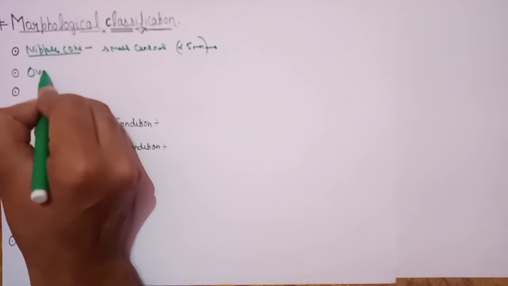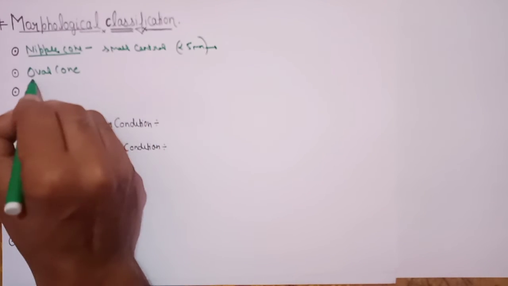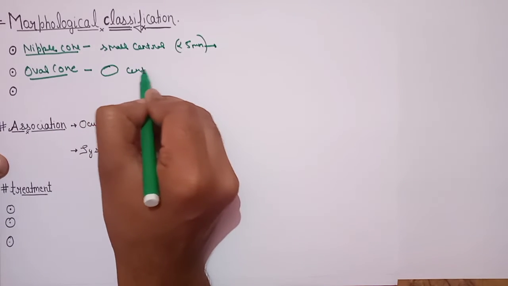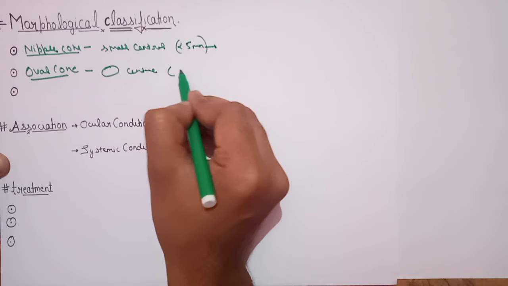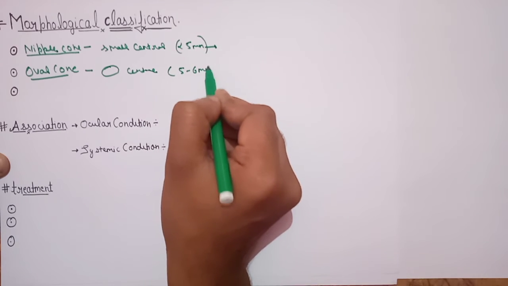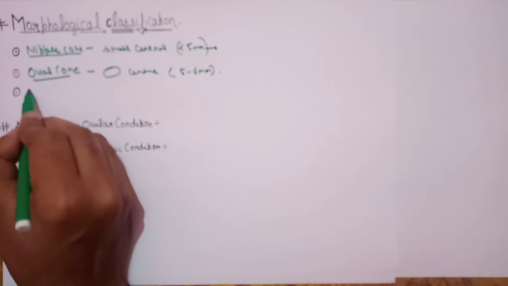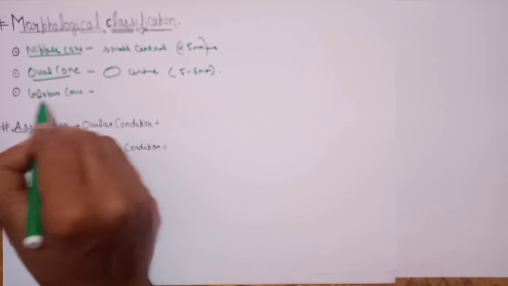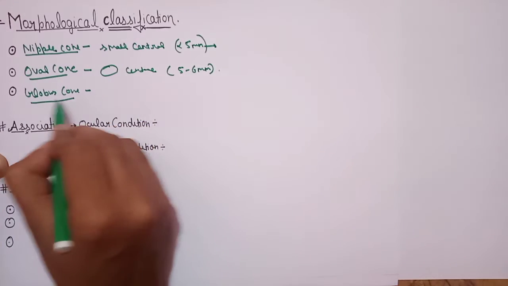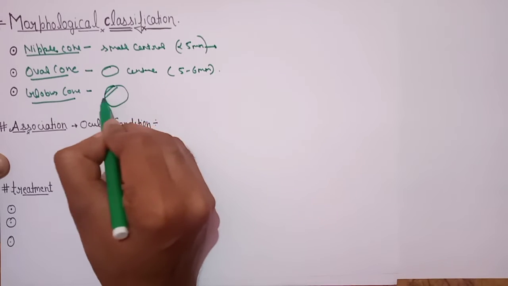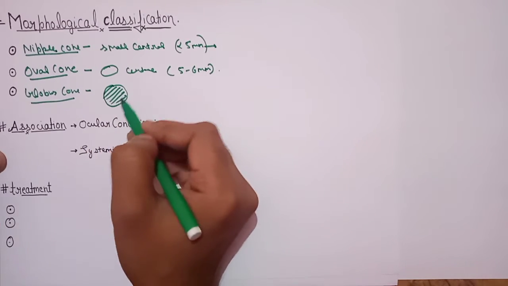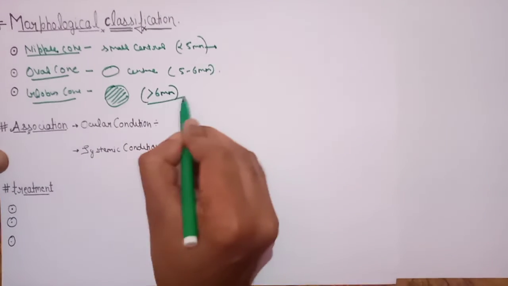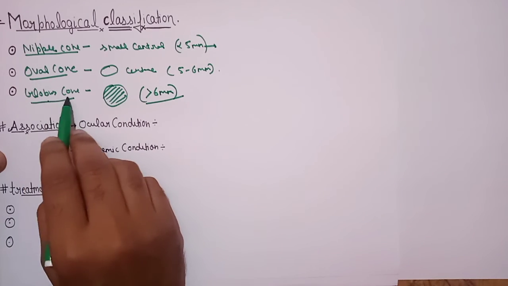Second is the oval cone, which is oval in shape centrally, with a size of 5 to 6 mm. Third is the globus cone, where the whole cornea centrally, greater than 6 mm, is thinned. This shape is known as the globus cone.